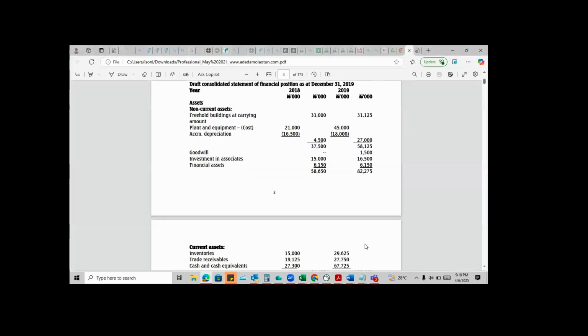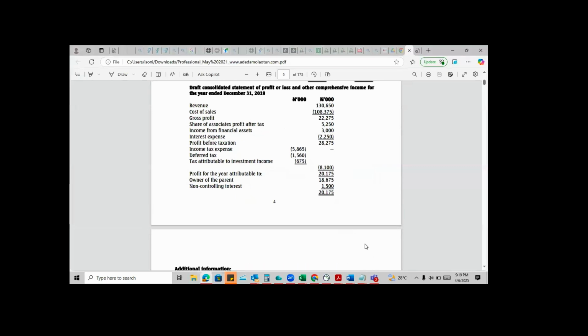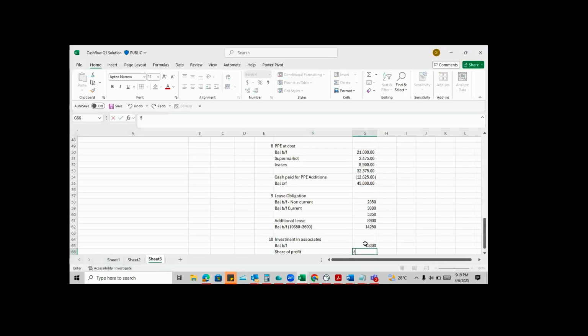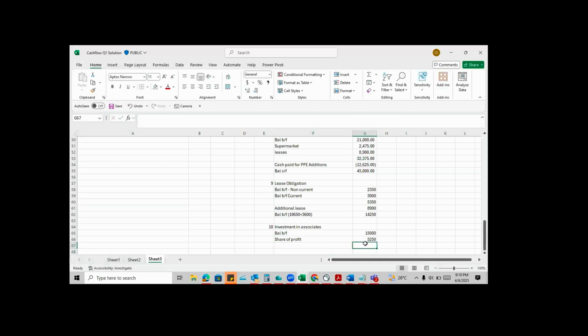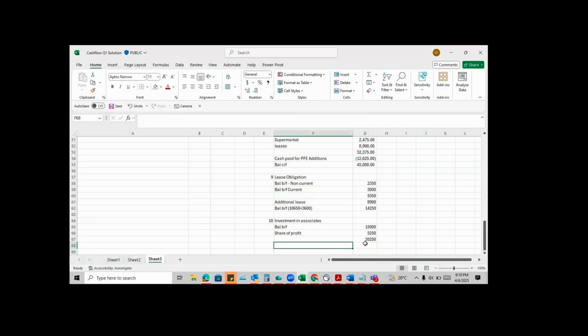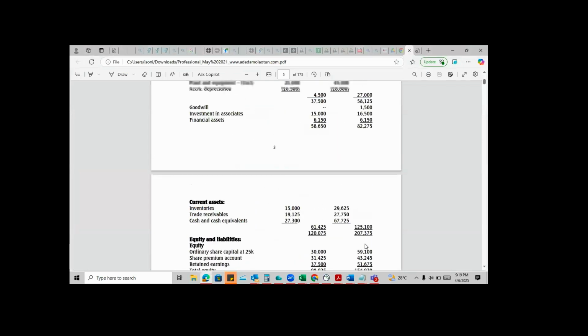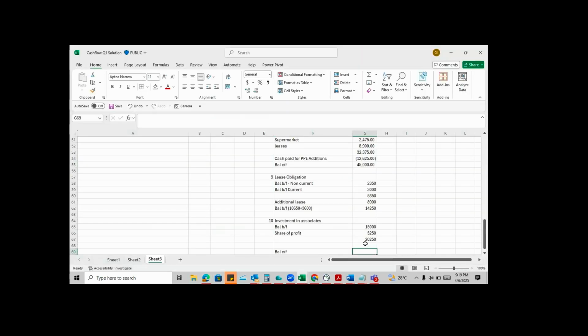Let's look at our income statement. The share of profit from associate was 5,250. Okay. If you add that together, you have an amount 20,250. So how come our balance carried forward, I think I saw 16.5 there, was 16.5? So what happened? All right.